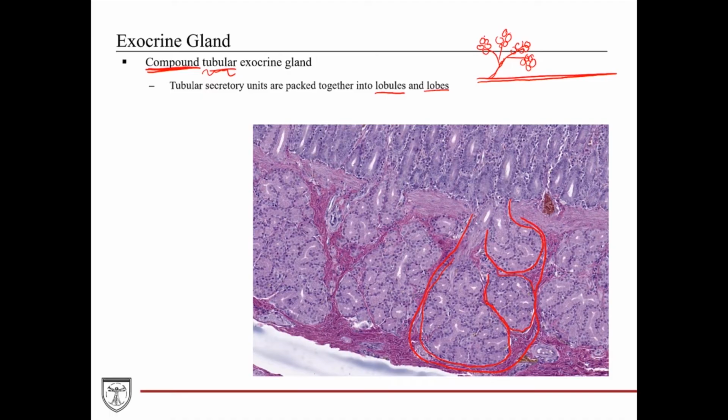So then you can imagine these grapes as the secretory units, and this smaller grouping of grapes as a lobule, and then a bunch of these lobules coming together and draining into this common bigger stem as a lobe of secretory units. And imagine this happening throughout the grape bunches, like so, like so.